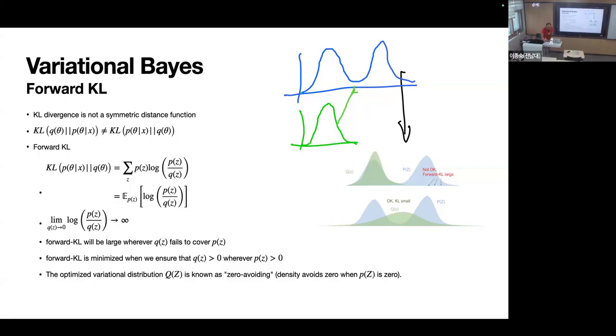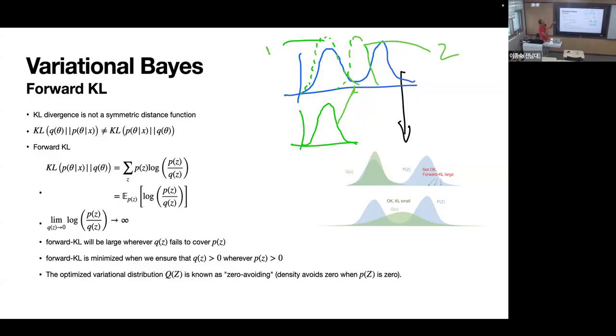Is this better if I position it here? Or is it better if I position it here? Which one is better, 1 or 2? So the argument here is that number 1 is better. Why? At least I will be able to capture a high probability region, at least one of the high probability regions.